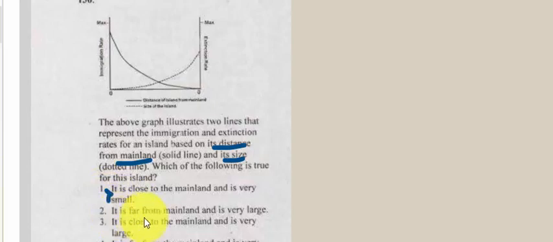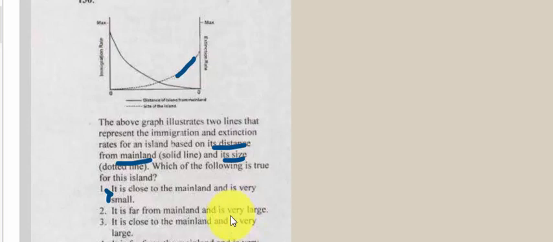The second is, it is far from the mainland and it is very large. The island is large, as the extinction rate you can see is not very large. It has not reached the maximum, it is less than maximum, and the extinction rate is less in larger islands.